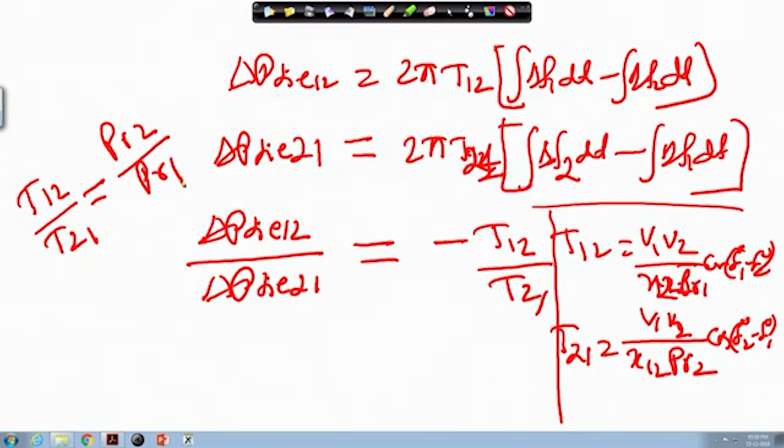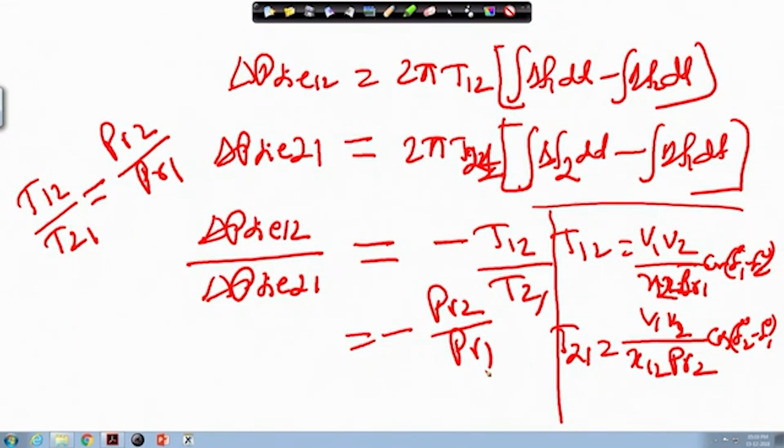That means this one will be minus of P_r2 by P_r1, right. So, this is the expression for the ratio. Although in real unit delta P_tie12 and delta P_tie21 are the same, in per unit it is something different, right, it is coming that way.